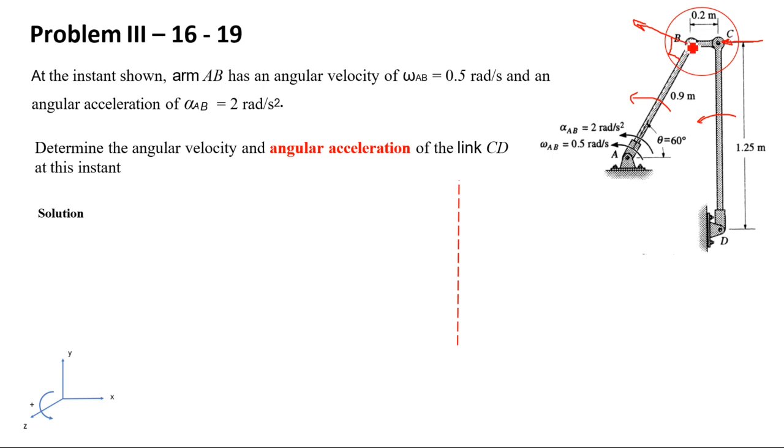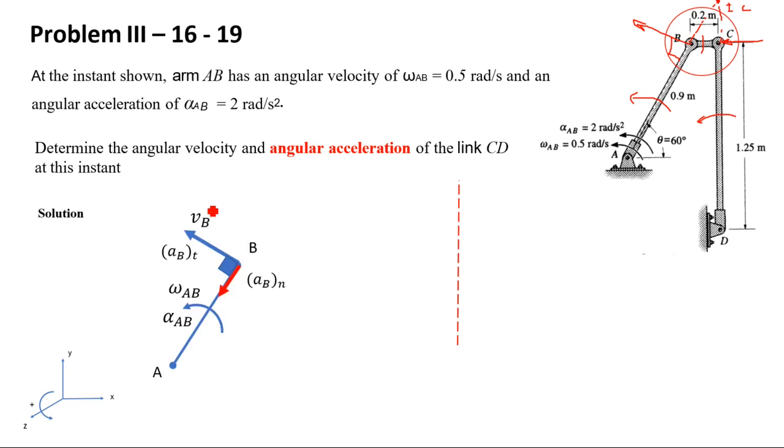So simply we can sketch a line from here, another line from here, and we can find the IC point. From it, I can calculate the omega of the link BC, and then I can find the alpha of the link CD. So again, that's what we're going to do.